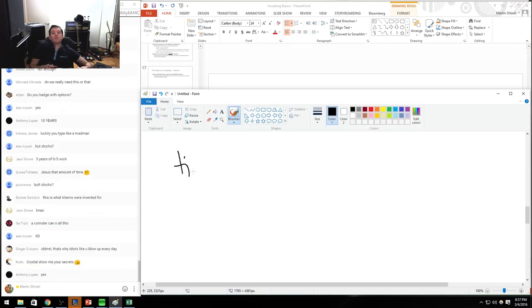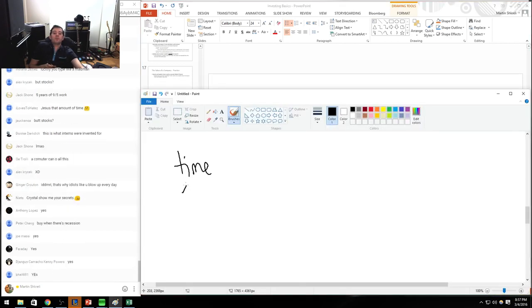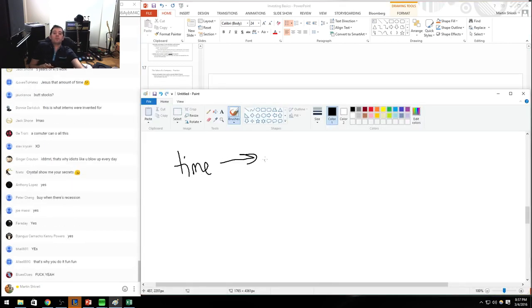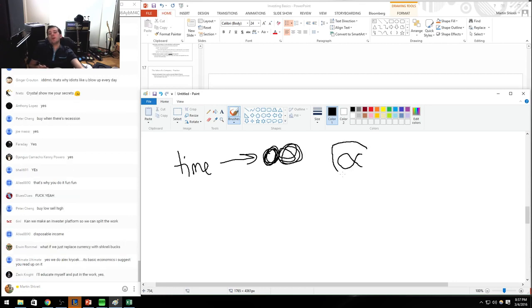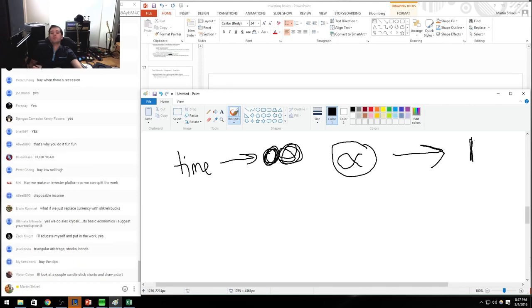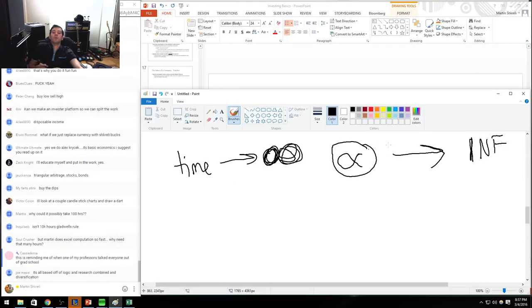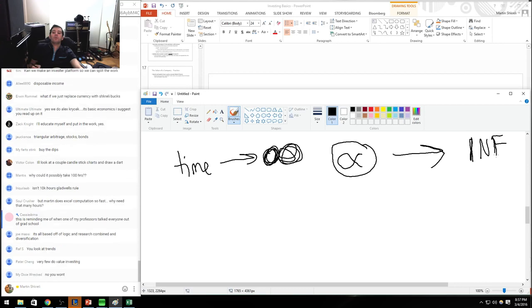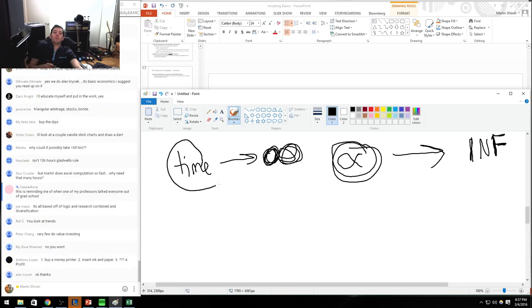And I have this theory that as time goes to infinity, your ability to tell whether a stock is cheap or not, in other words, how much alpha is there, should approach 1 or 100% or infinity or whatever you want to call it. You should be able to tell with certainty if a stock is cheap or not. If you had all the time in the world, you should be able to do that.